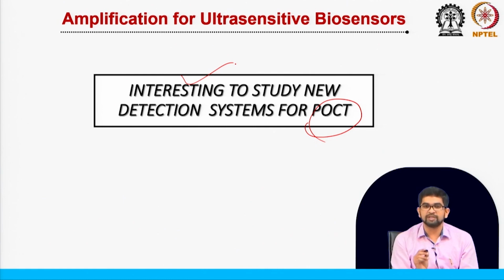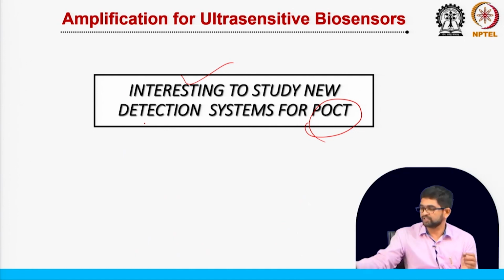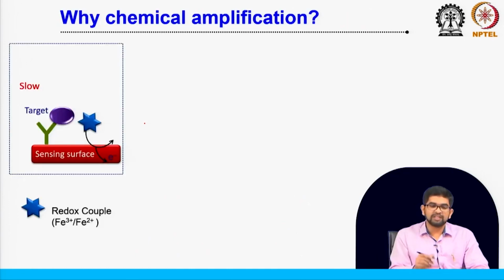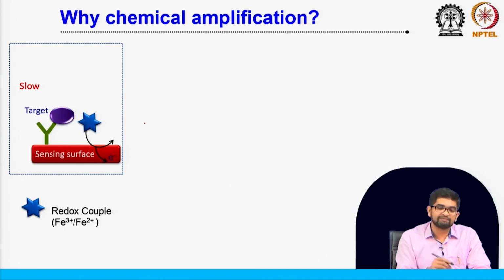Suppose for one cancer detection, this technology can at the same time be useful for virus detections, or other disease detections. That's why it's very interesting to study some new detection protocol, to develop a new ultrasensitive biosensor. Let's show you. So why chemical amplification?